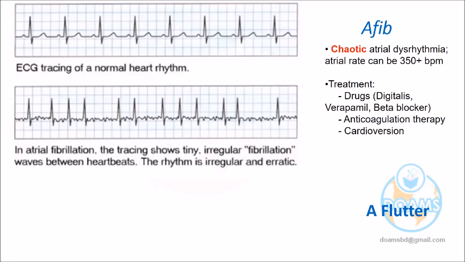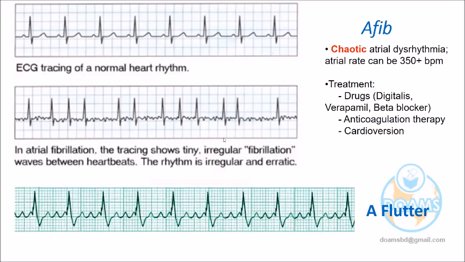Atrial fibrillation. I would like to tell you an important finding: sometimes the P wave is a straight line and somewhere the P is very weak. At that time, how can you say atrial fibrillation? You can say atrial fibrillation by looking at the RR interval. If it is irregularly irregular, this is atrial fibrillation.